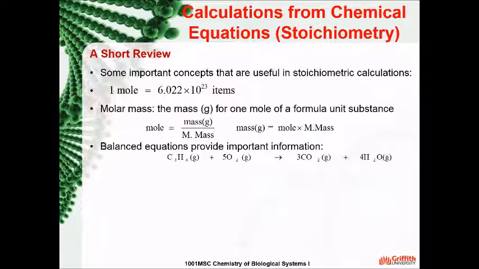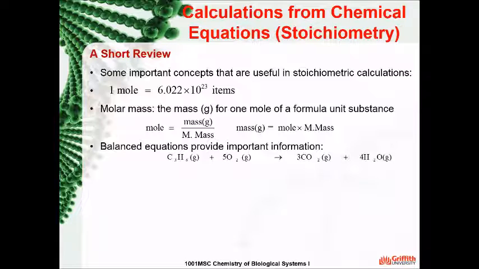For instance, 1 molecule of C3H8 reacts with 5 molecules of oxygen to produce 3 molecules of CO2 and 4 molecules of water. We can replace the word molecule with mole, so we can say that 1 mole of C3H8 reacts with 5 moles of O2 to produce 3 moles of CO2 and 4 moles of water.